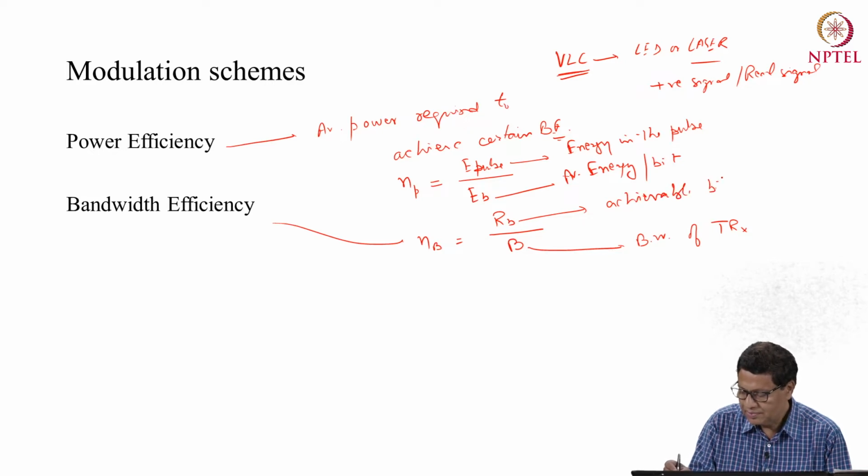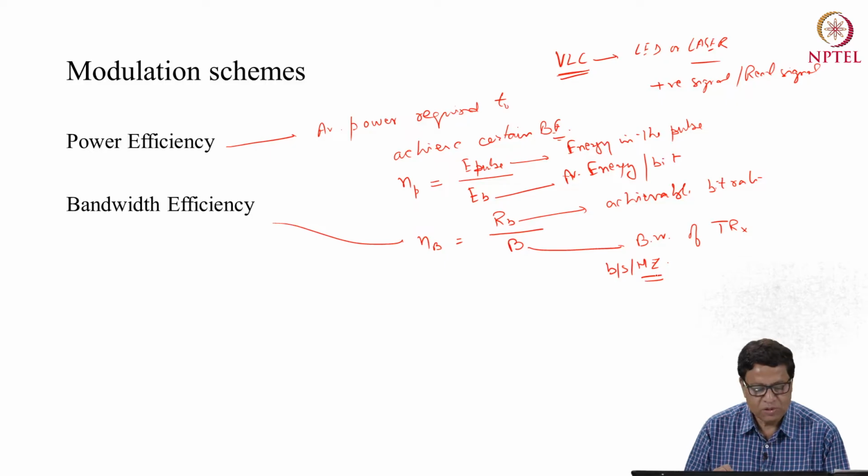The units are bits per second per hertz. So we need to calculate these two important parameters for any modulation scheme: the power efficiency and the bandwidth efficiency.